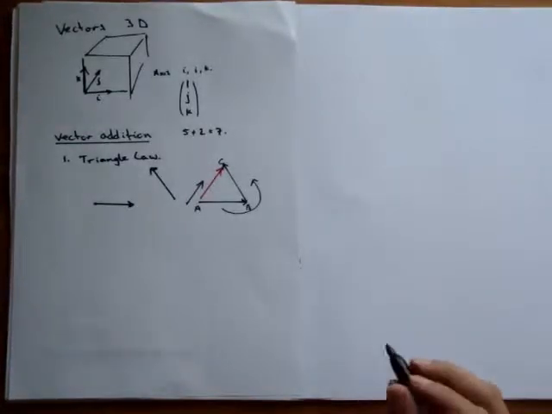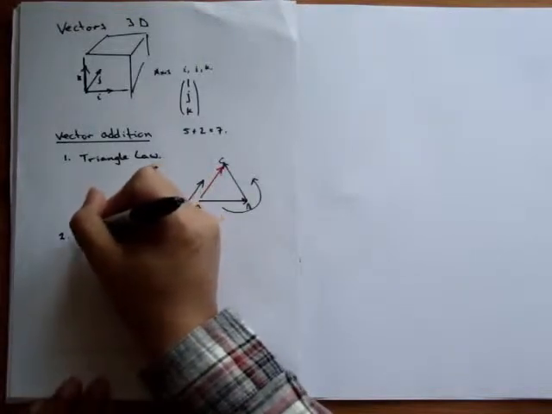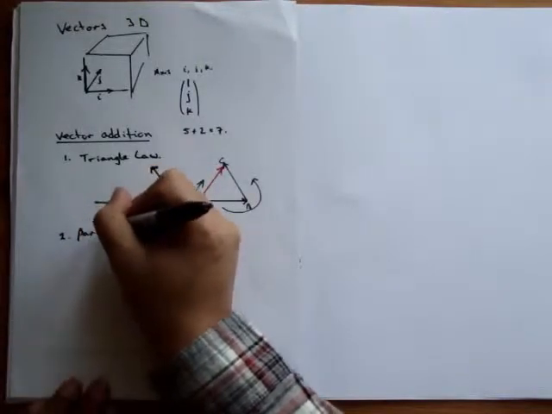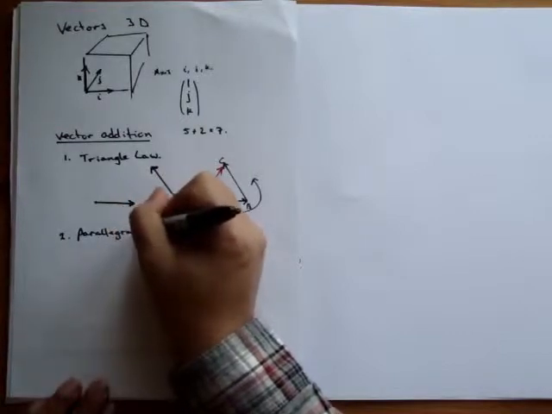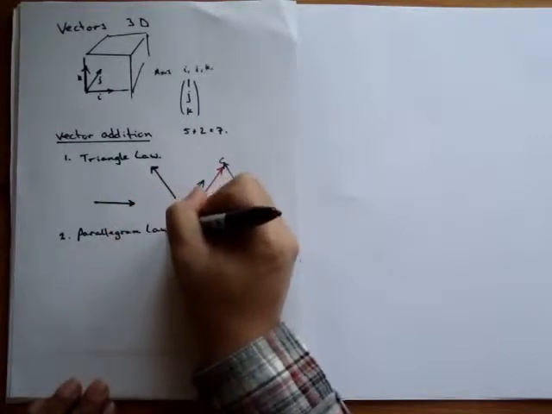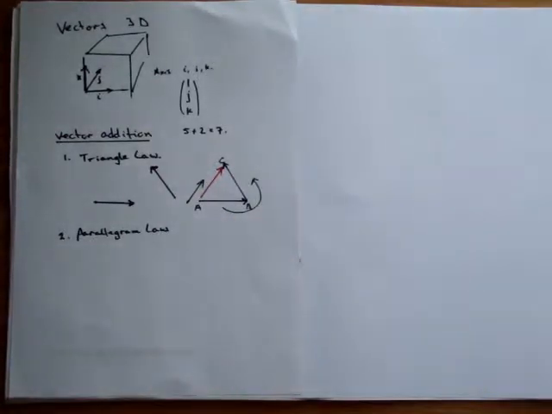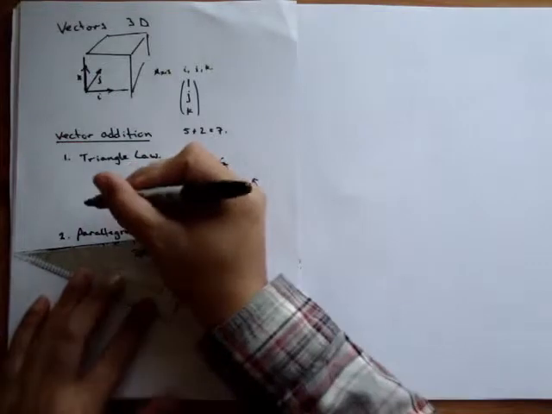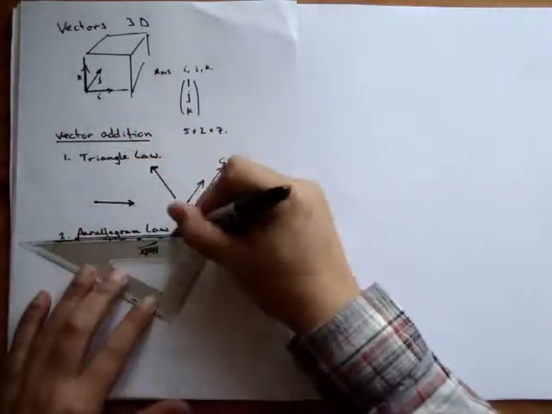The other law we use in vector addition is called the parallelogram law. And in this, if we have two coinitial vectors, so coinitial means they start at the same point.